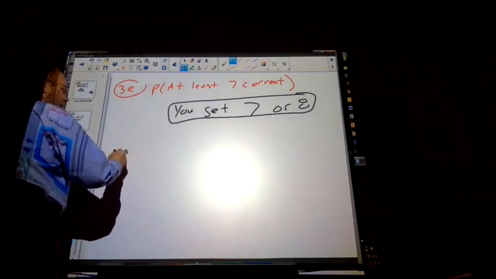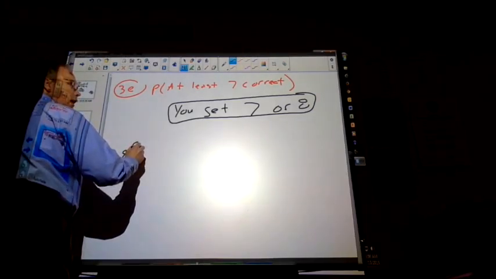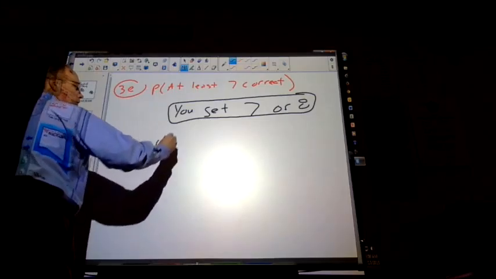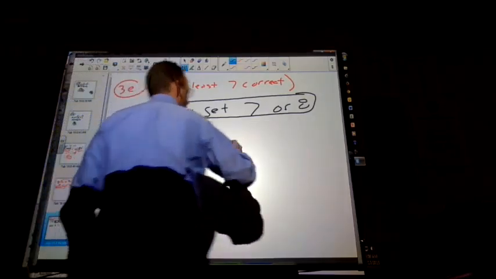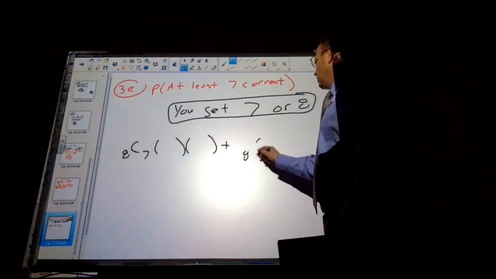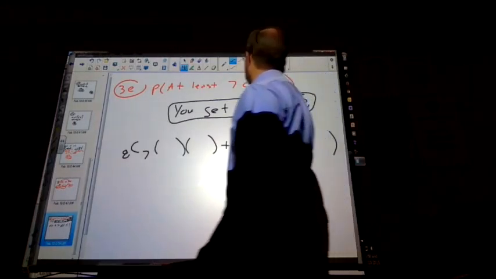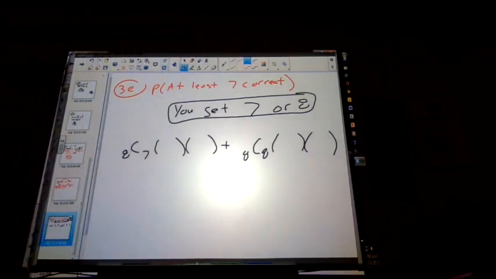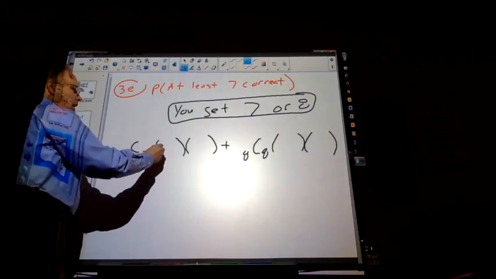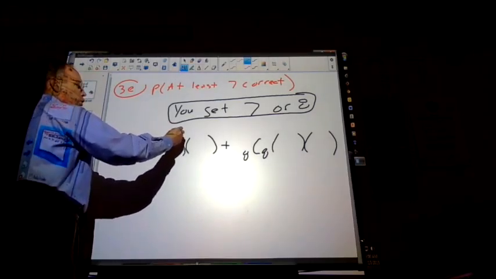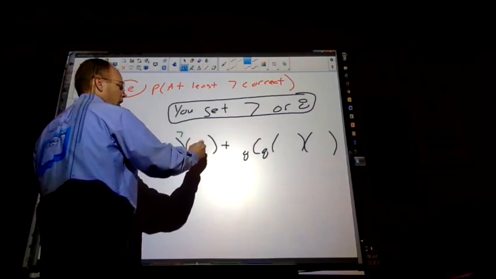So is this going to be 8 choose 7 plus 8 choose 8? Is that right? All right. The probability I get the answer right is 0.2 raised to the 7th, 0.8 raised to the 1st.